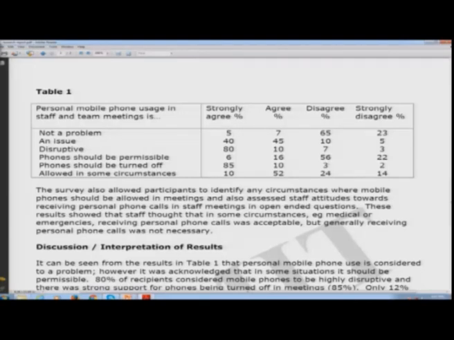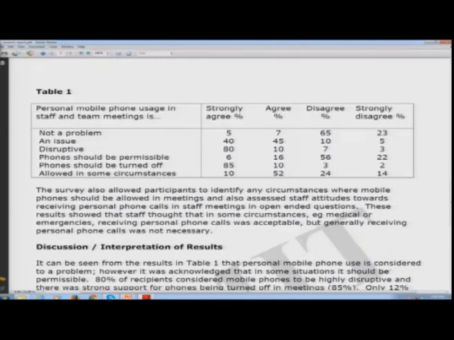The survey also allowed participants to identify any circumstances where mobile phones should be allowed in meetings, and also assessed staff attitudes towards receiving personal phone calls in staff meetings in open-ended questions. These results showed that staff thought that in some circumstances, for example, medical or emergencies, receiving personal phone calls was acceptable, but generally receiving personal phone calls was not necessary.